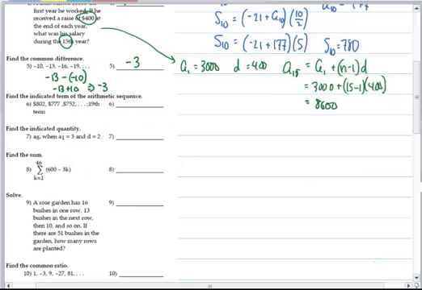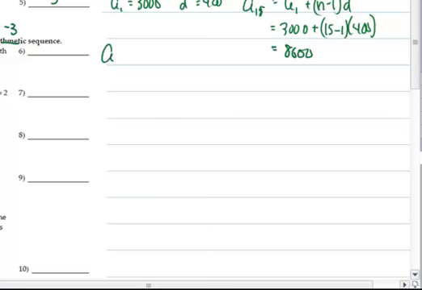On the next one, it says it's an arithmetic sequence, so that's nice, so we don't have to worry about figuring that out, and it wants to find the 19th term. So a19 equals a1 plus 19 minus 1 times the d value.